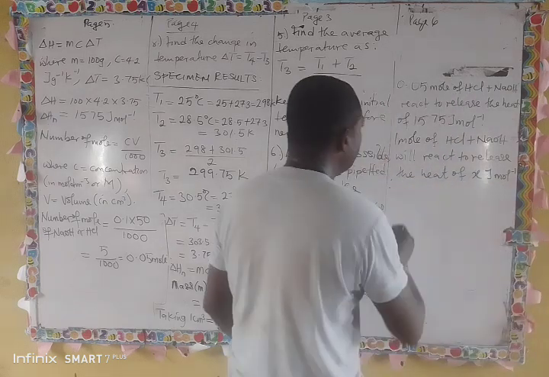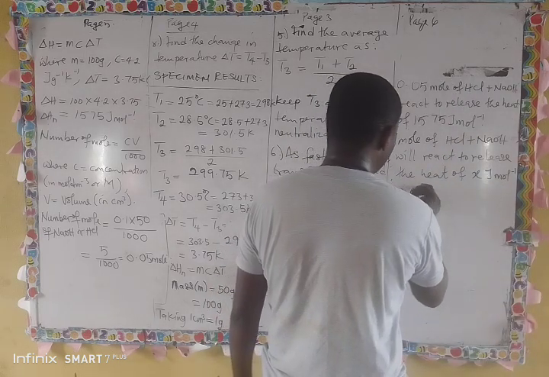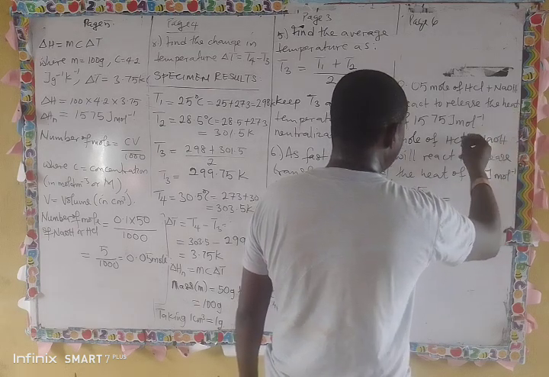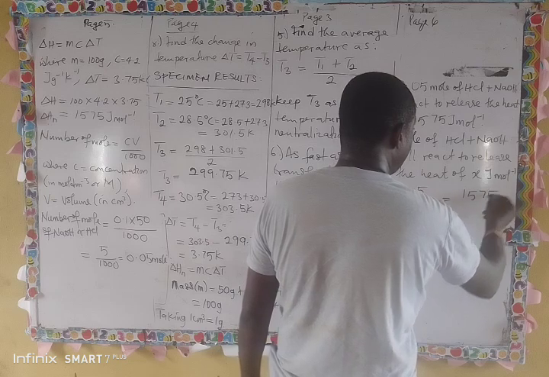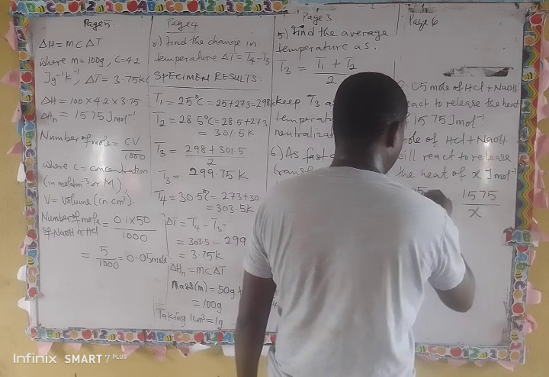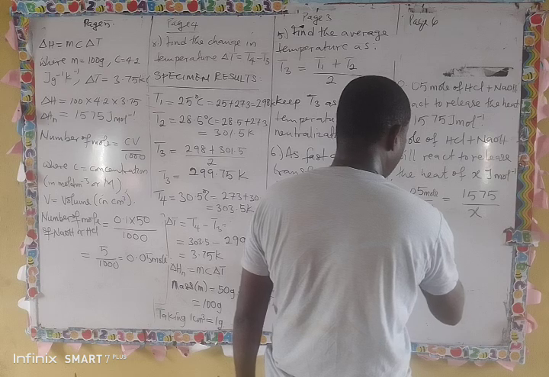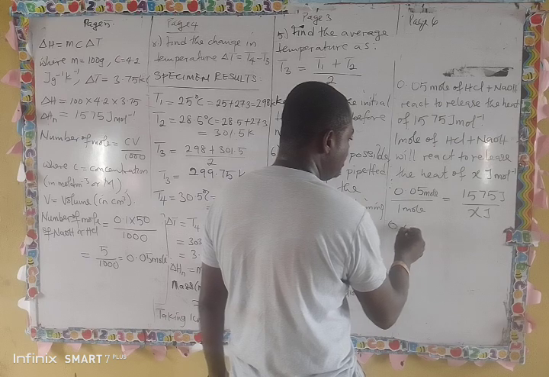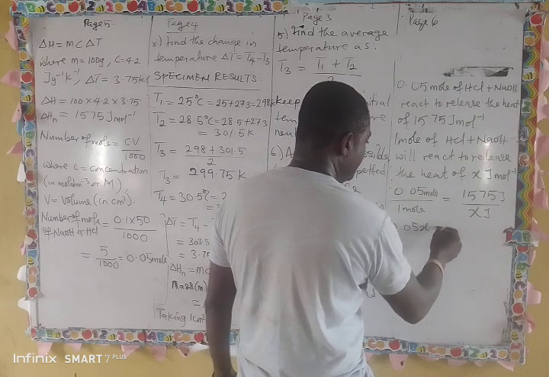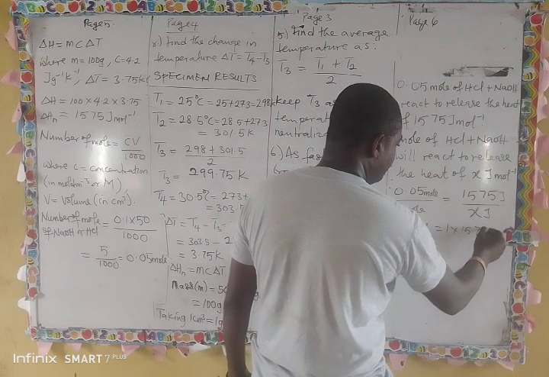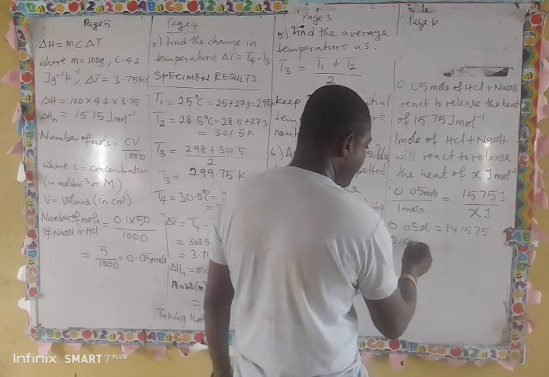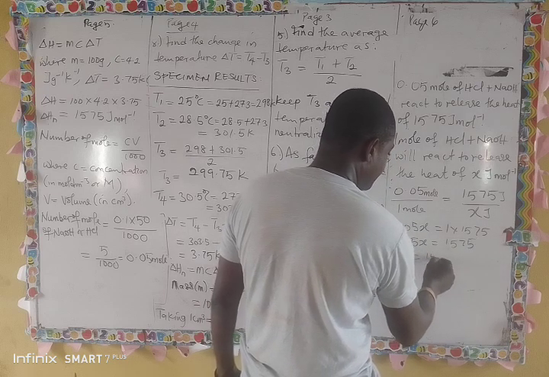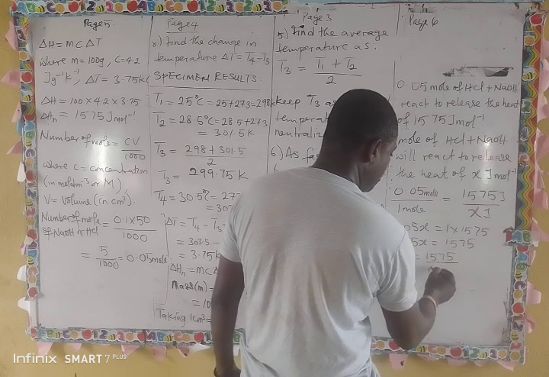We turn this into an equation. 0.05 over 1 mole is equal to 1575 over X joule per mole. So we cross multiply: 0.05 X is equal to 1 times 1575. So 0.05 X equals 1575, and X is 1575 divided by 0.05.